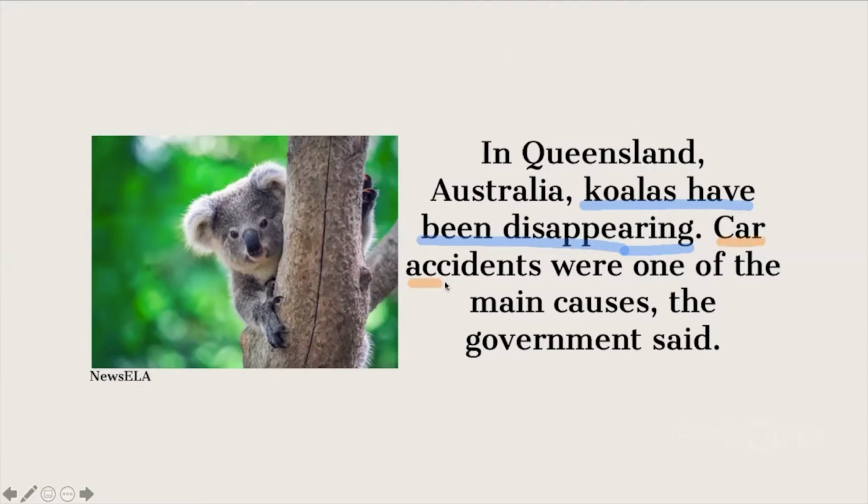They said that car accidents were one of the main causes. Our cause were car accidents, and the effect, koalas have been disappearing. Well, that's a really sad cause and effect. I hope our next one is a little happier.